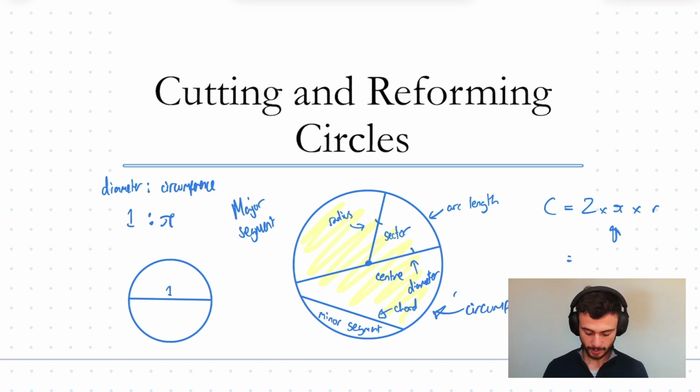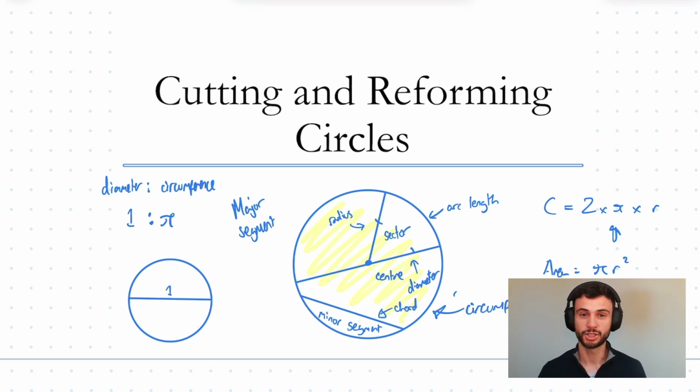Now, when considering the area of a full circle, we can calculate this by doing pi times the radius squared.